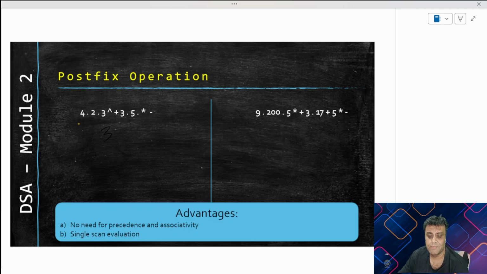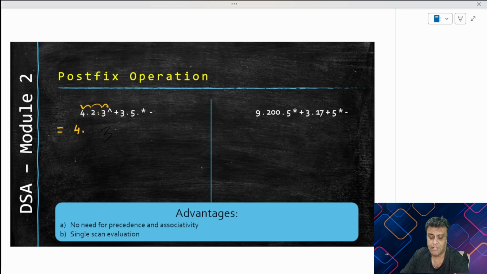So this works on the concept that it goes from left to right, and until it finds an operator, it doesn't start working. So it goes from 4, it goes to 2, then it goes to 3, then it finds an operator.